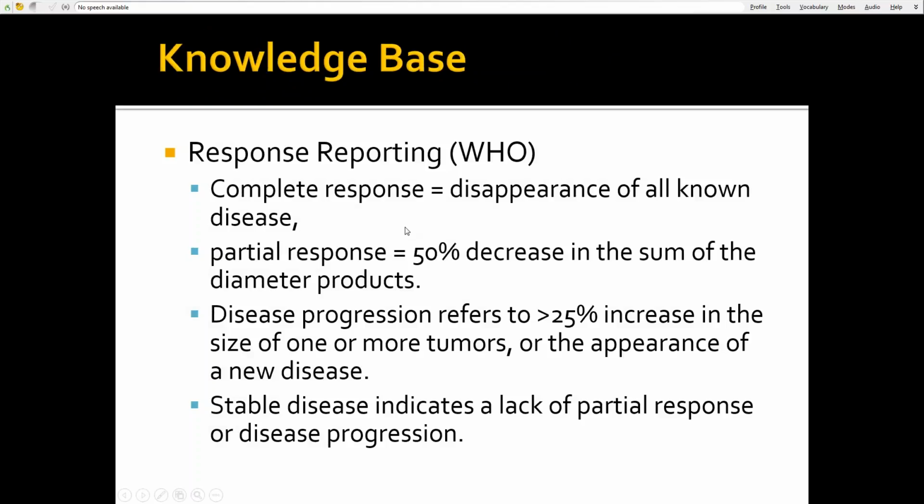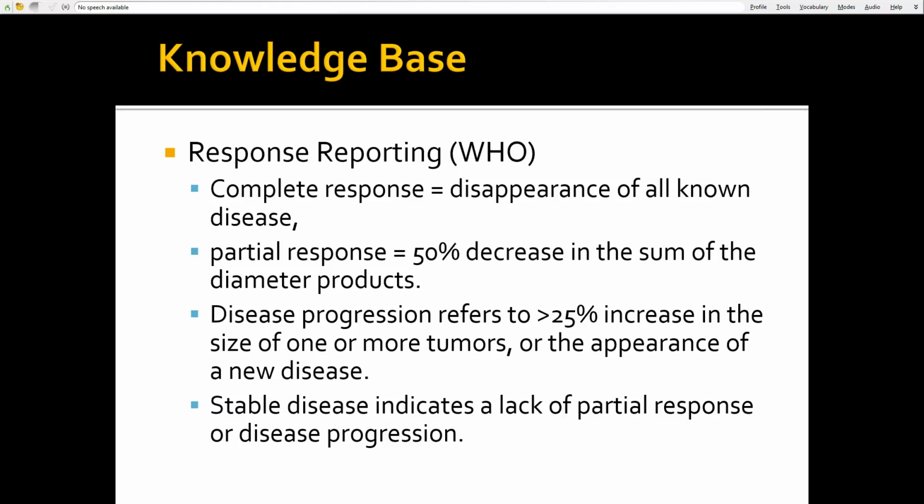So in addition, as a radiologist, which many of you are just going to be diagnostic radiologists, you have to know how to report the findings that you see. How do we grade, how do we characterize the lesions that have been treated, and what kind of response can we say was a good response, bad response? So there's different ways to evaluate these lesions.